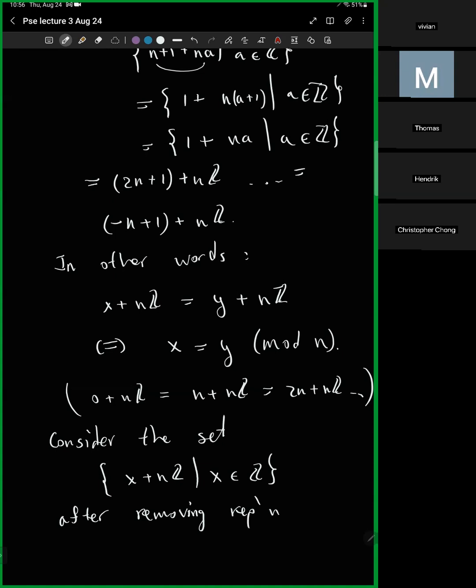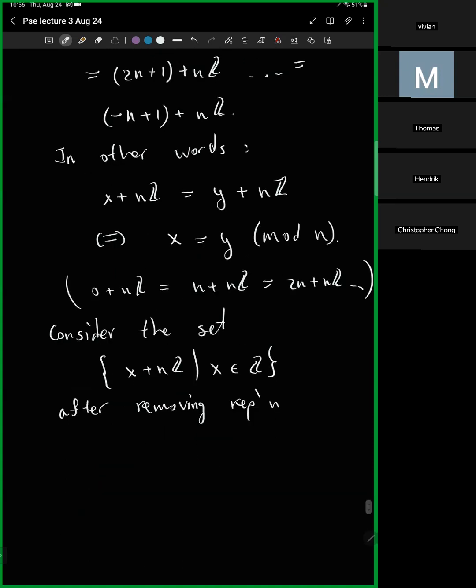we can write that the set of all cosets, one way to describe it, it's not the only way. I can write 0 plus nZ, then 1 plus nZ, and so on, up to n minus 1 plus nZ.